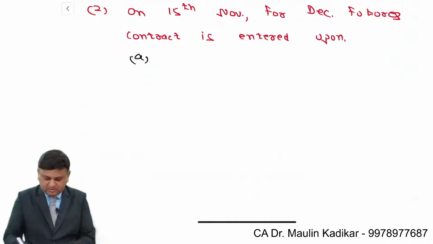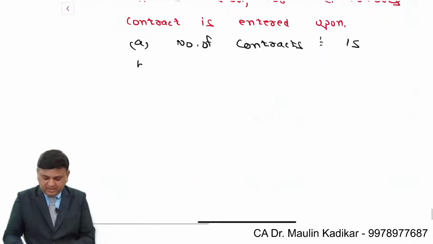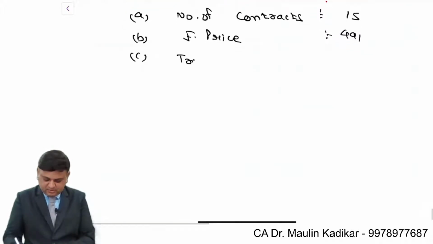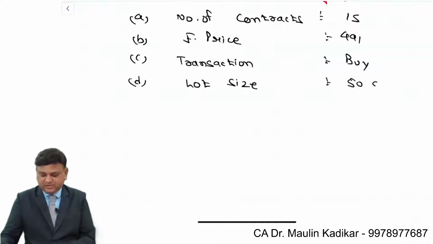In that write down: A, number of contracts 15; B, futures price 491; C, transaction is to buy the security; and D, lot size is 50 shares.